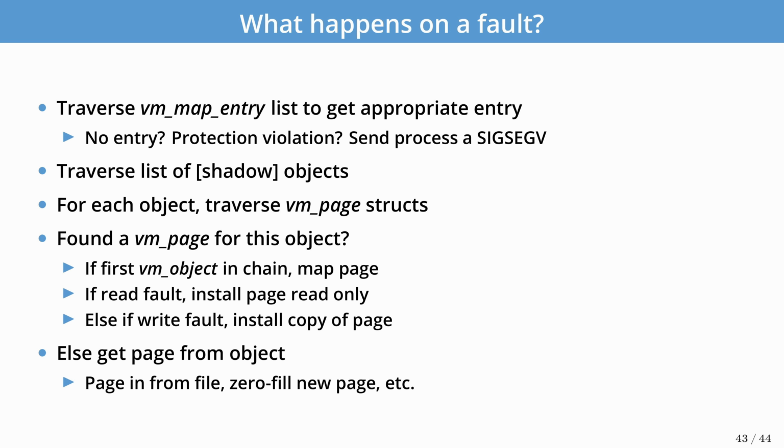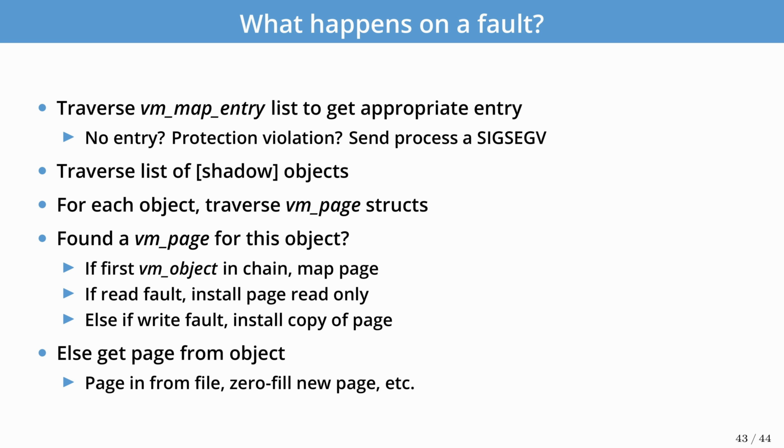The vMap code traverses the vMap entry list to find the appropriate entry, to see which entry represents the memory that we received the fault on. If there's no entry, then most likely the process has an invalid pointer, and usually this results in a seg fault and we kill the application.